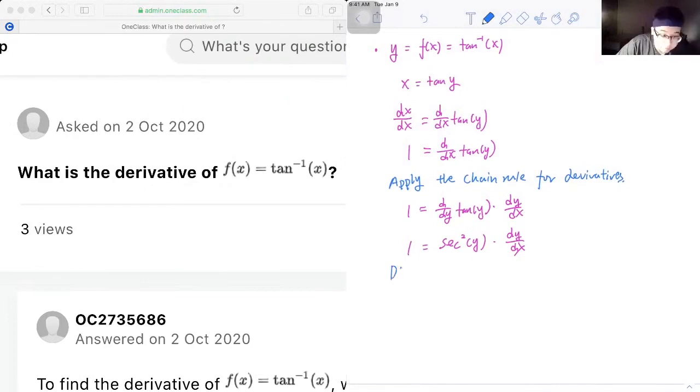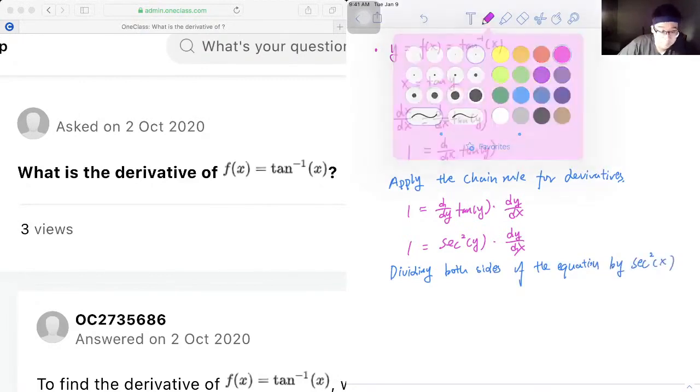Now we need to divide both sides of the equation by secant y squared.